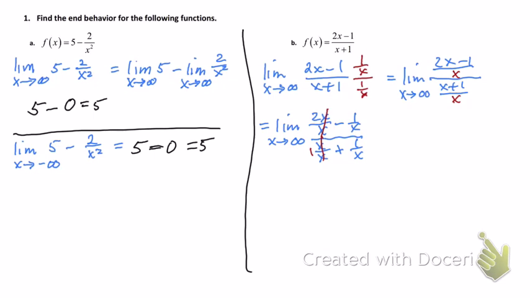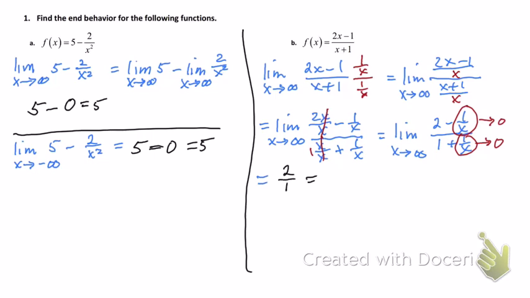And as x is getting bigger and bigger and bigger, what's happening to my whole fraction here? This is going to 0, and that's going to 0. Doesn't leave much. So the limit as x is approaching infinity is just 2.